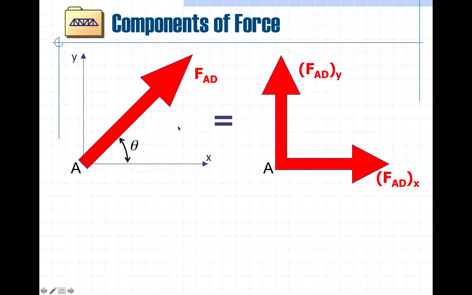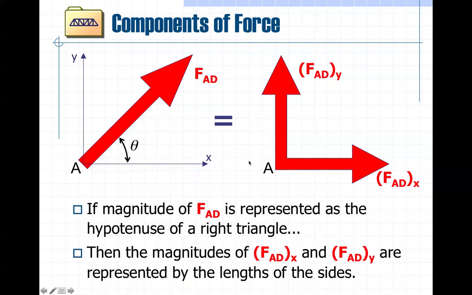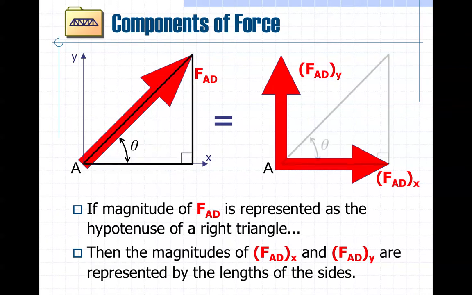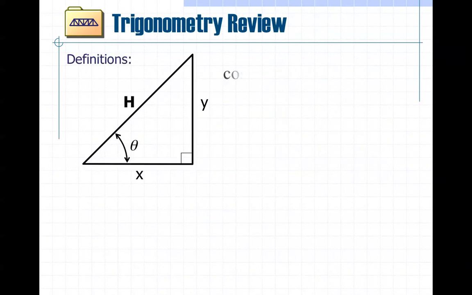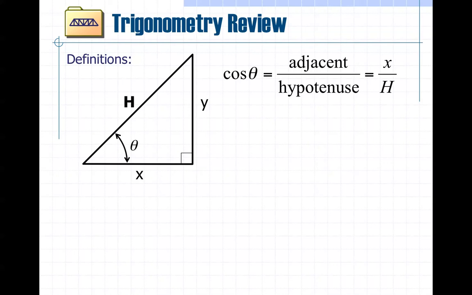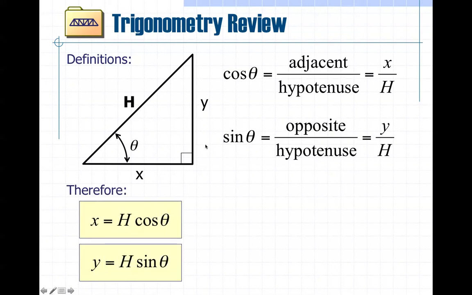This is a right triangle. I can use the sine to get the vertical component and the cosine to get the horizontal component, X and Y. Right? Just like we've done before in class. Cosine is the adjacent x and sine is the y, and both divided by h.